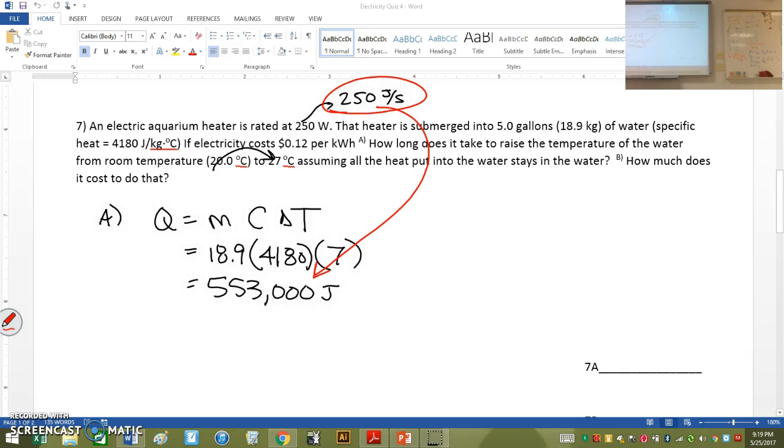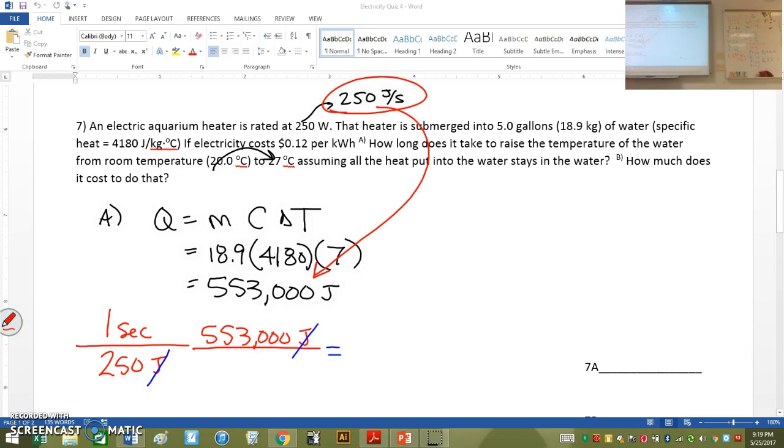So let's see how I could maybe do this. I think I'll say that every second I am operating this thing, I'm inserting 250 joules. And then I have to multiply by 553,000 joules. A little bit of clever dimensional analysis, so joules cancel out.